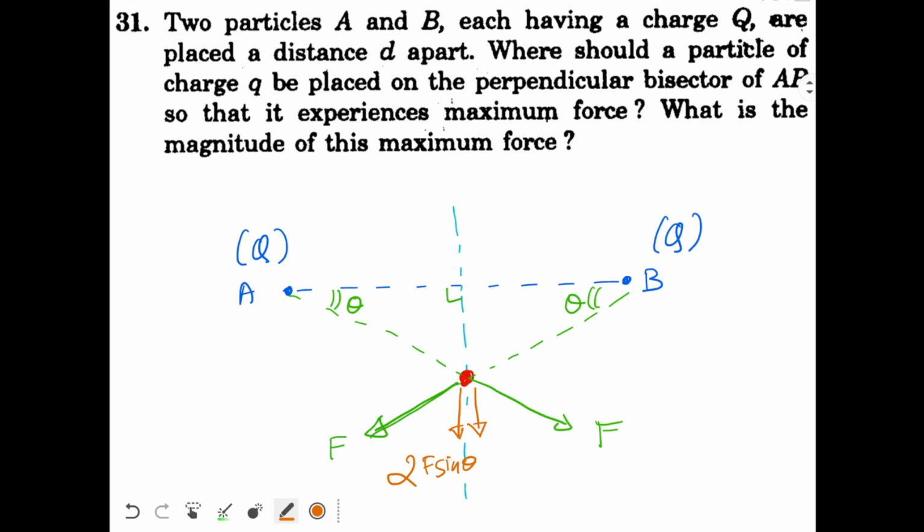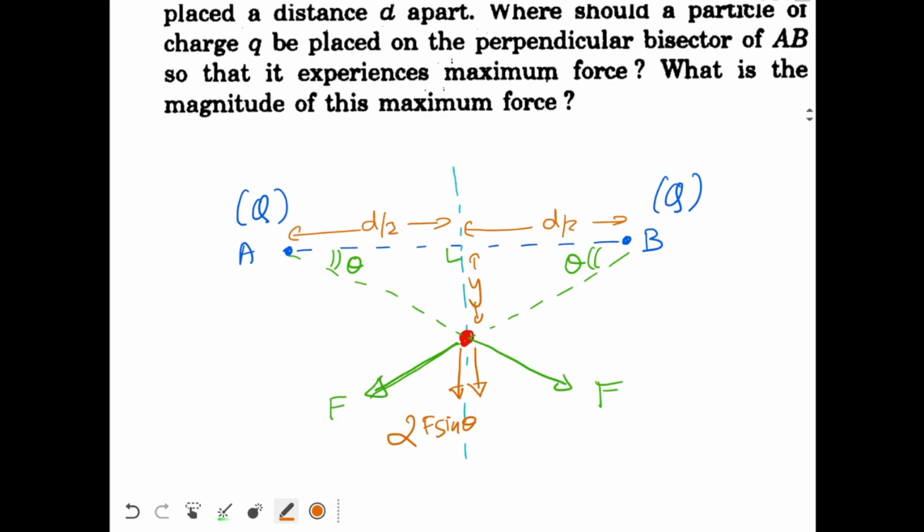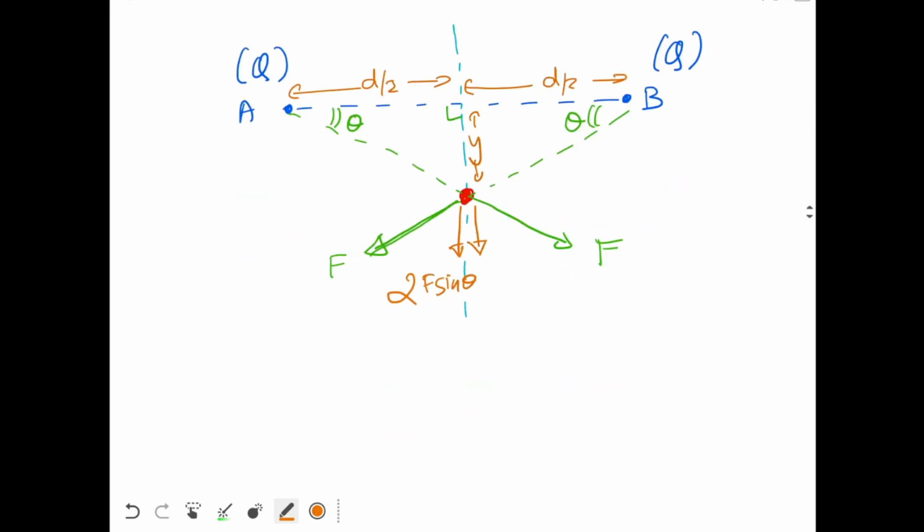So first of all, let's write down: this is d by 2, this is also d by 2, and this height is y. First of all, what is the value of F? F will be equal to k Q q, where the magnitude of this charge is small q, divided by the square of this length.